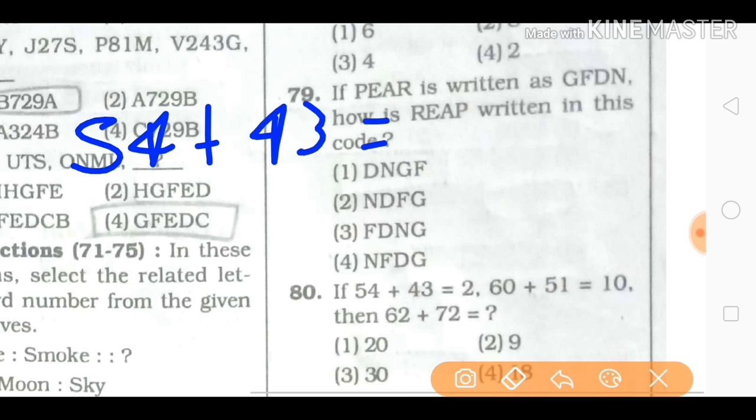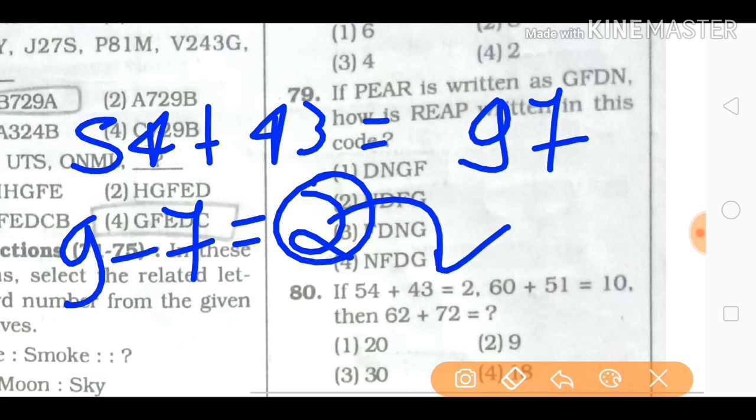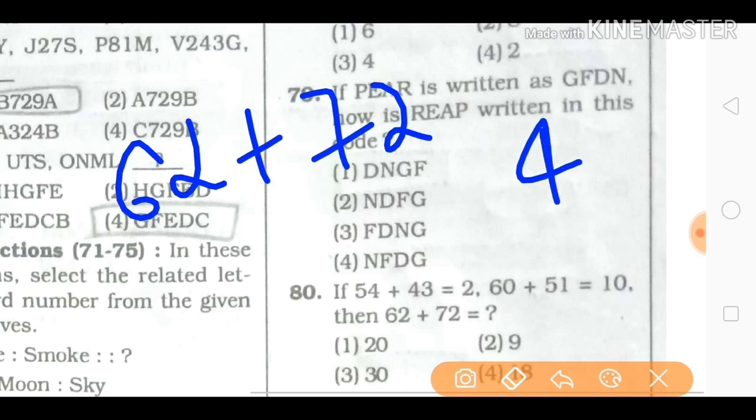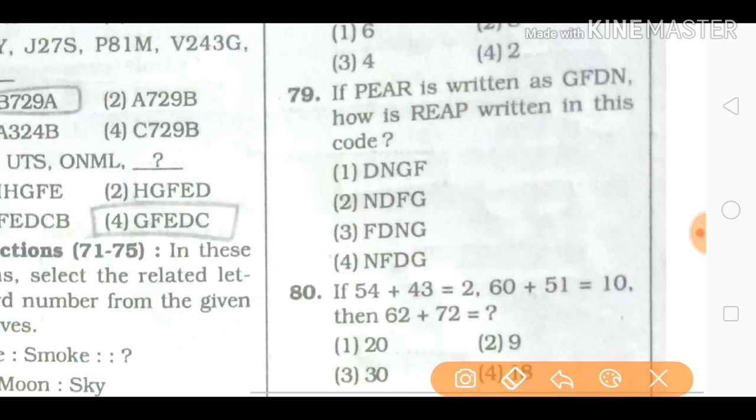How much? 97, right? And if you do 9 minus 7, how much will you get? 2. Got it? Same format you have to follow, suppose 62 plus 72 is 134, 13 minus 4 is what? 9, and 9 is your answer, right?